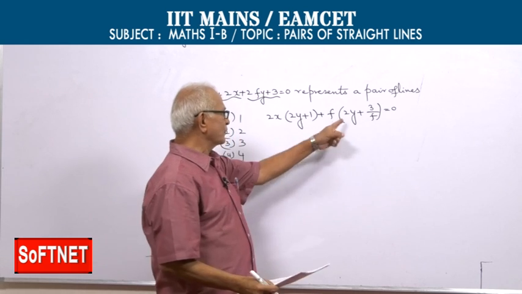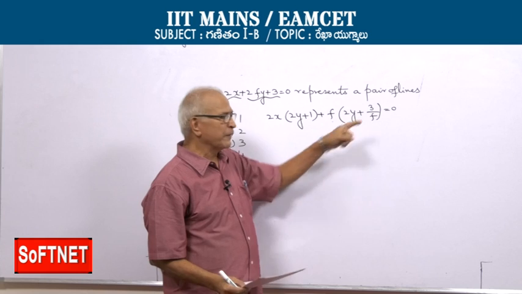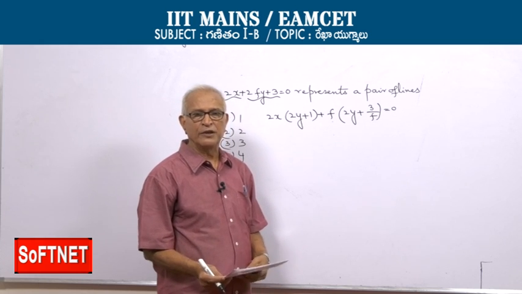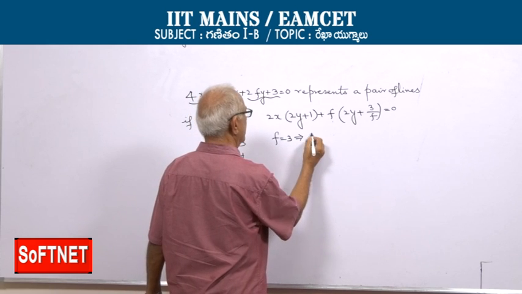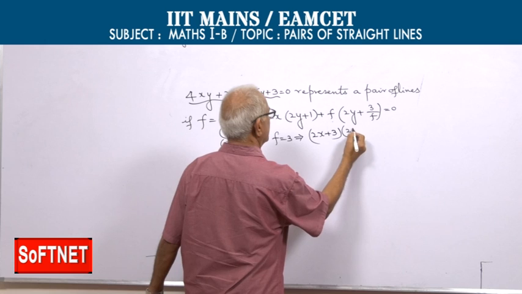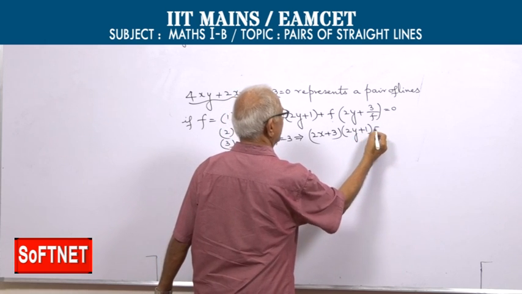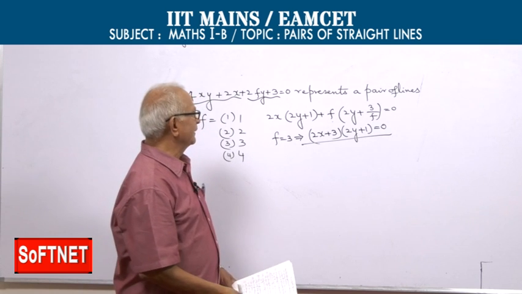If this is also 2y plus 1, I think you are through. But this is 2y plus 1 for the value of f equal to 3. Then this is (2x plus 3). Well, that is the form of the given equation when f equal to 3.